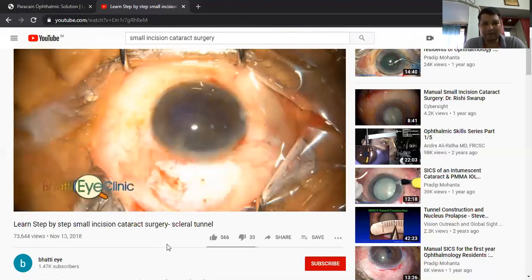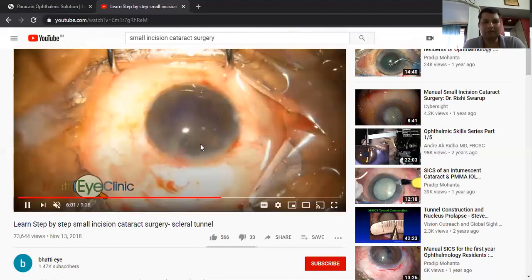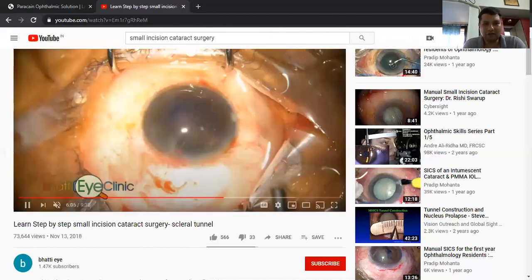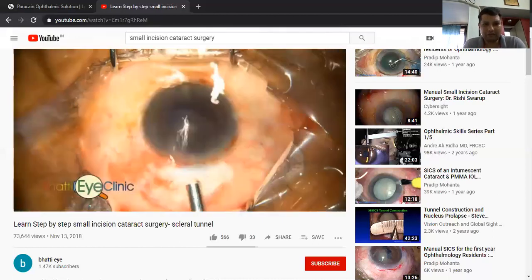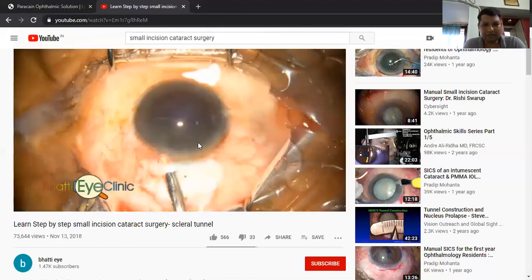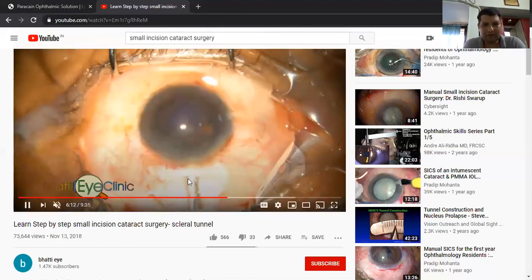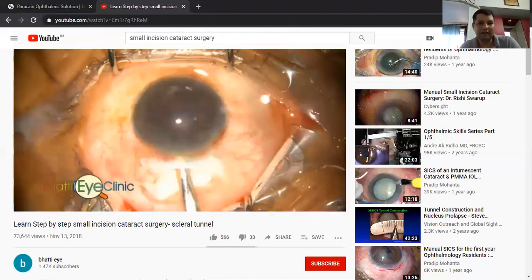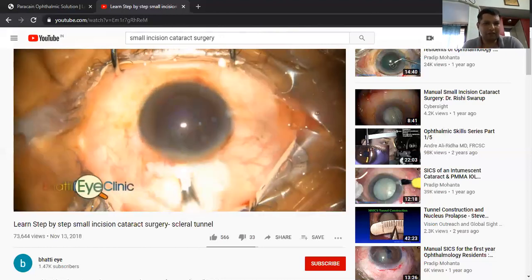Can you see that? So this portion is epinucleus which is remaining, and then irrigation and aspiration of cortex. So we inject the viscoelastic. See, this epinucleus is coming on its own when we are injecting fluid into the eye with the help of Simcoe cannula, right?